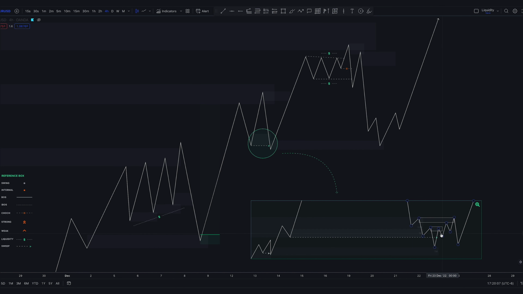So when it came down here, it left inducement to this extreme, and then price pushed up again, and it would be like, oh shit, I missed this trade, I didn't get triggered, price would just go without me. But it was just reacting to this other supply, and then it pushed again and broke that supply. So remember, what does this look like?